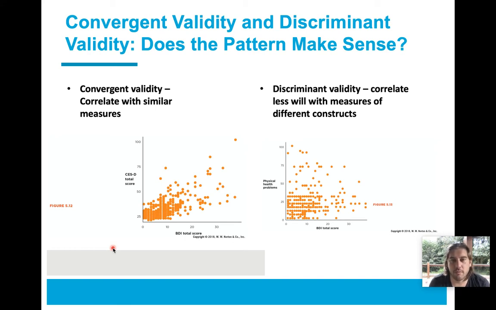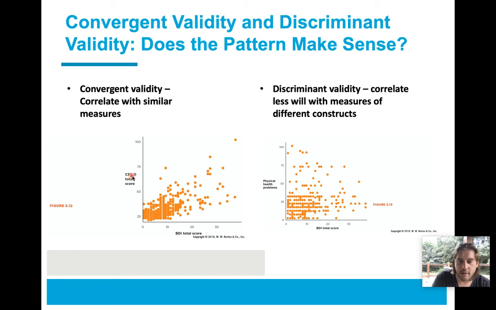So let's stick with our example of depression. We develop here on our x-axis the BDI. This actually stands for the Beck Depression Inventory. It's a real measurement of depression that's very common and very well liked in the field. But we want to make sure, right? We just want to be sure that it's actually measuring depression. So it would show convergent validity if the BDI, the Beck Depression Inventory, correlated well with another measurement of depression, the CESD.